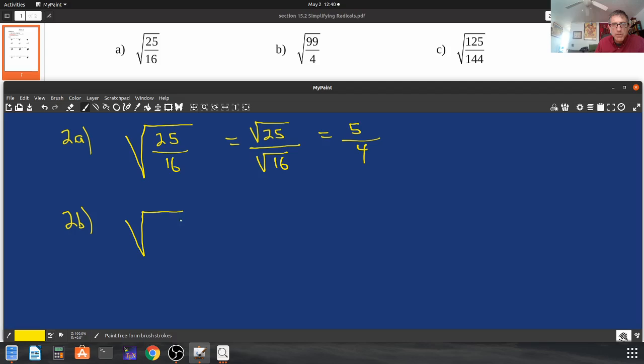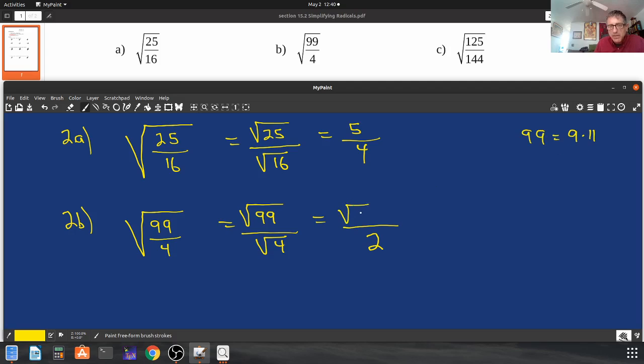2b. Look at the square root of 99 divided by 4. Well, using the quotient rule, the very first thing, that's the square root of 99 divided by the square root of 4. So I can already simplify my denominator because the square root of 4 is going to be 2. But the square root of 99 is the same as the square root of 9 times 11, and we know what the square root of 9 is.